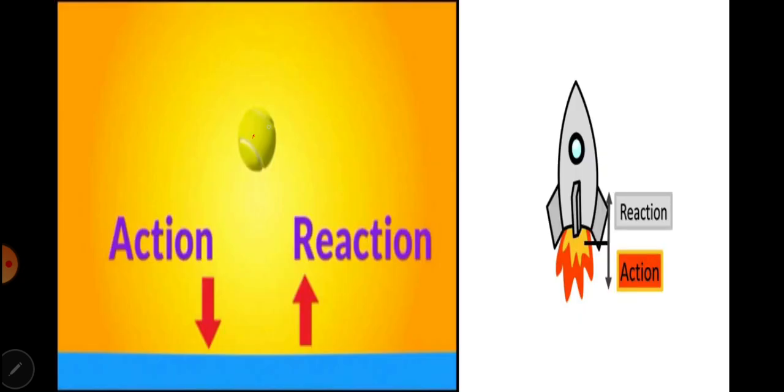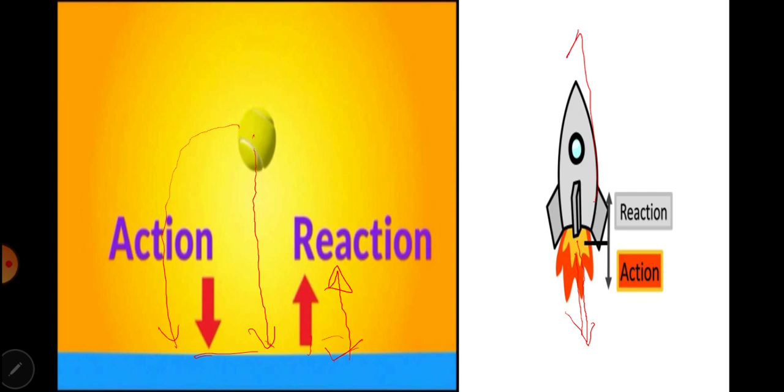Now, if this ball is pushed, the force the ball exerts on the wall is the action, and the force of the wall on the ball is the reaction. The ejection of fuel is the action.